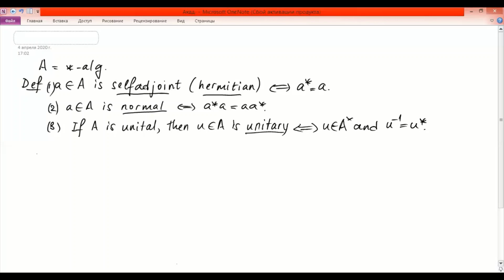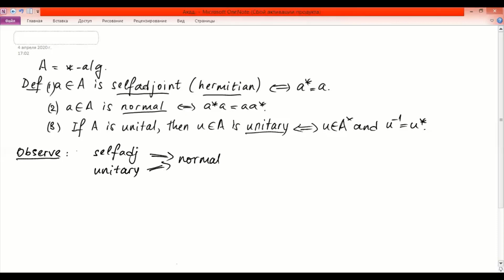Well, let's observe that all self-adjoint elements are obviously normal, and all unitary elements are also normal. And actually, this is the main reason to introduce normal elements. So they are important because they generalize both self-adjoint elements and unitary elements.